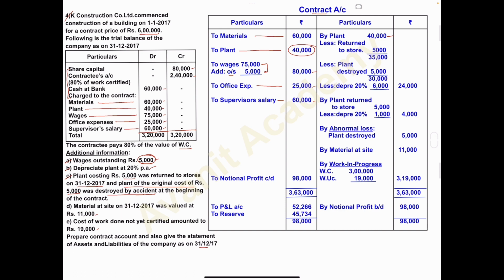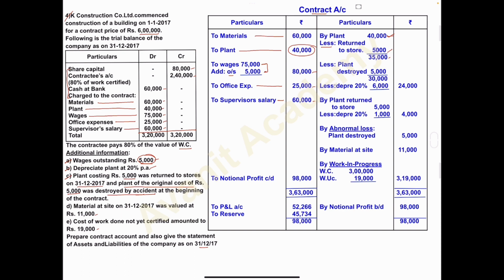So we'll take, see the credit side, by plant 40,000 we'll take first, and we have to deduct the amount that plant returned to store, less plant returned to store. Amount is 5,000. So from 40,000 minus 5,000, we will get 35,000. So before calculating the depreciation, we have to minus all these: return to store, plant destroyed, etc. So first we have to take the original value of plant 40,000.